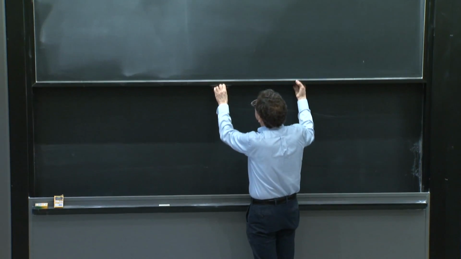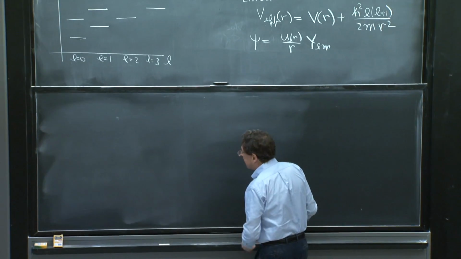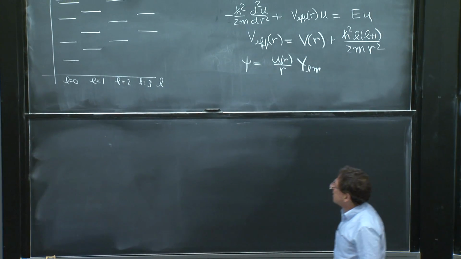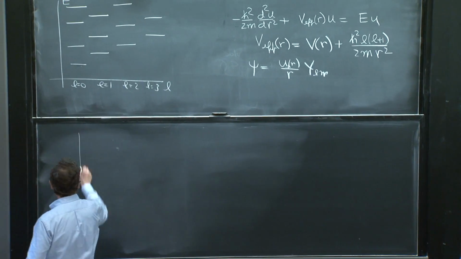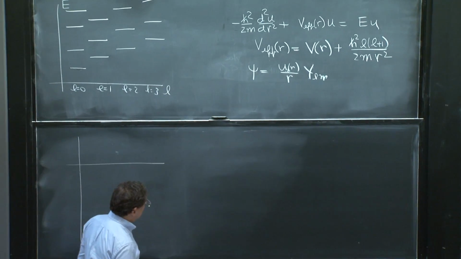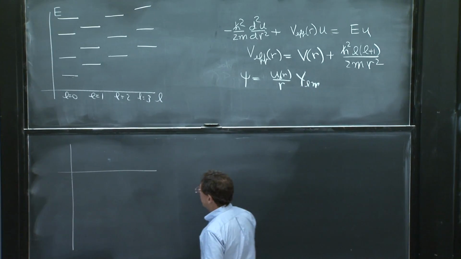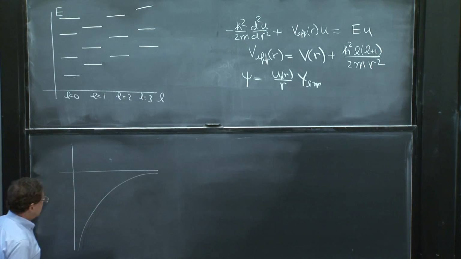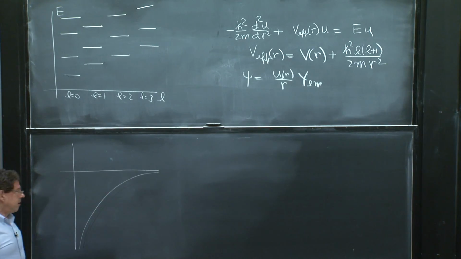So we were doing this for the hydrogen atom last time to try to understand the various orbits. And we had, for the hydrogen atom, V of r was a potential like this, minus e squared over r.